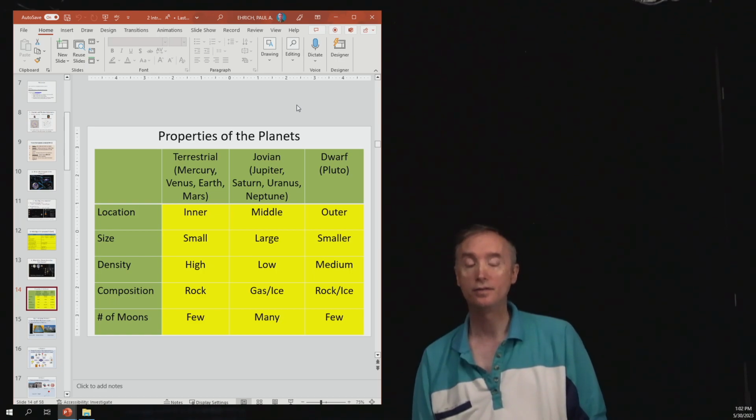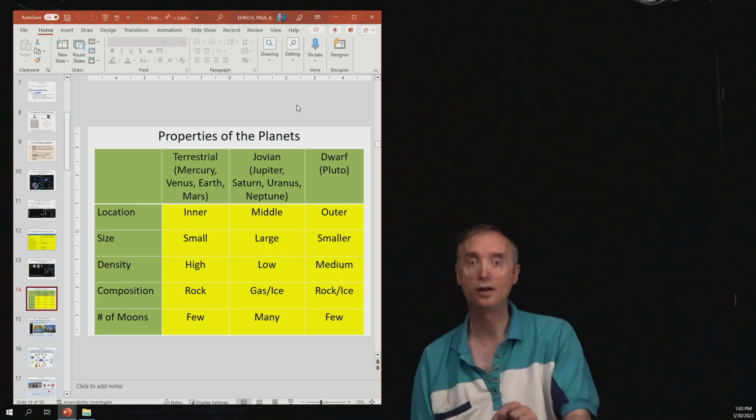In the middle part of the solar system are the Jovian planets, or gas giants: Jupiter, Saturn, Uranus, and Neptune. They're made of gas and ice, and they're very big. Then you have the outermost objects, the dwarf planets, such as Pluto. They're very small and composed of rock and ice. Okay, so let's talk in a little more detail about these planets.